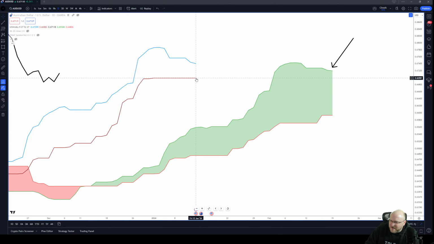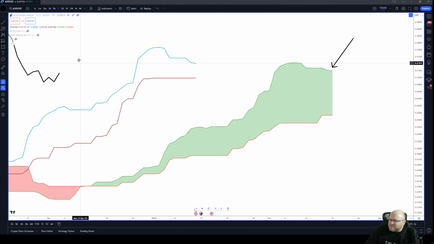The red line here, that's the Kijun-sen, the baseline. Senkou Span A is the midpoint of these two levels. So if I put my cursor here, roughly in the middle of those two, and just move it across the screen, that's how that level is plotted.